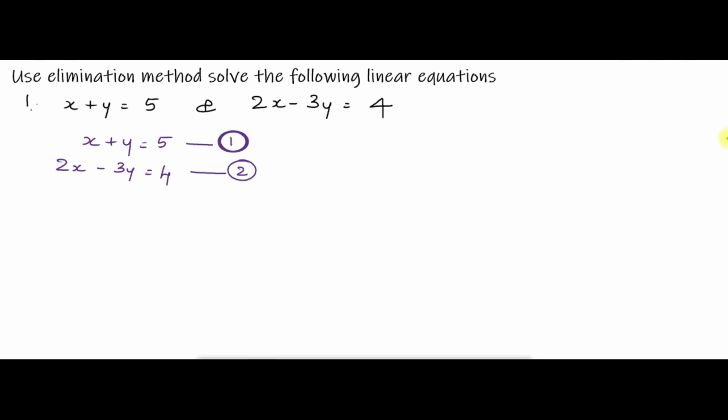Here either you can multiply the first equation by 2 or else you can multiply the second equation by 3 in order to get one term cancelled. So here I am going to multiply the first equation by 2. So multiply equation number 1 by 2.